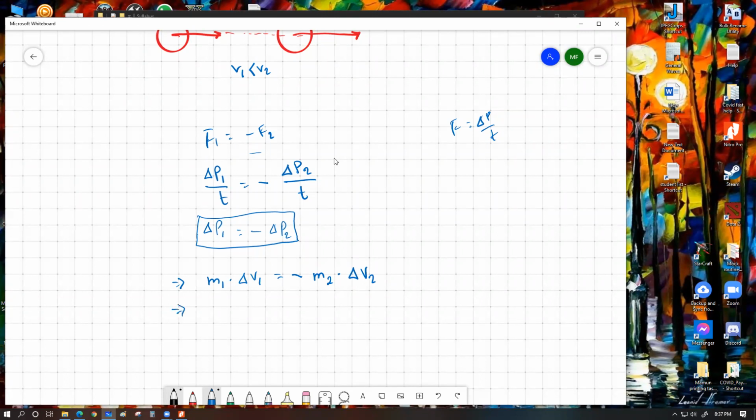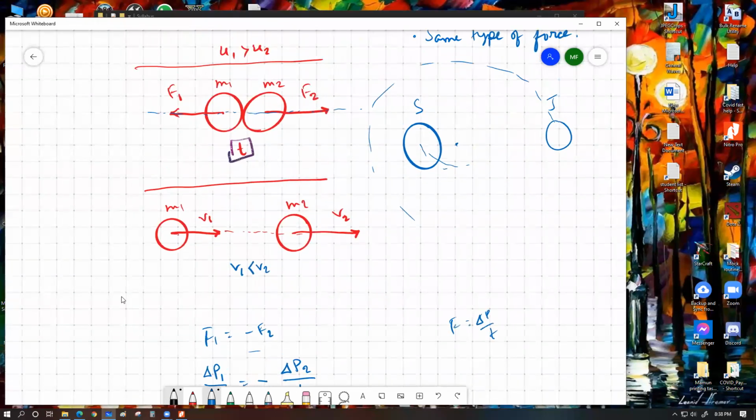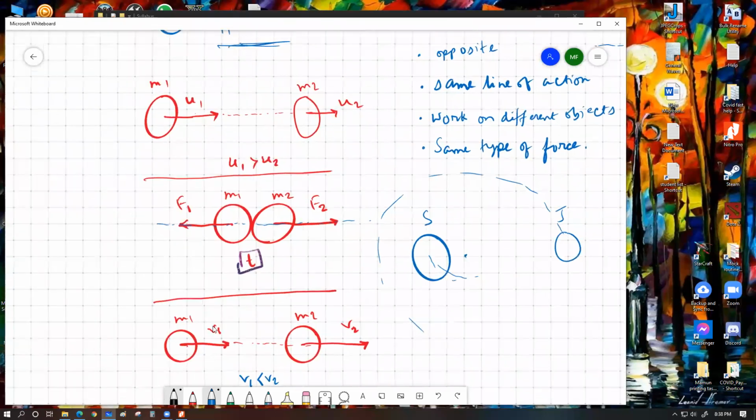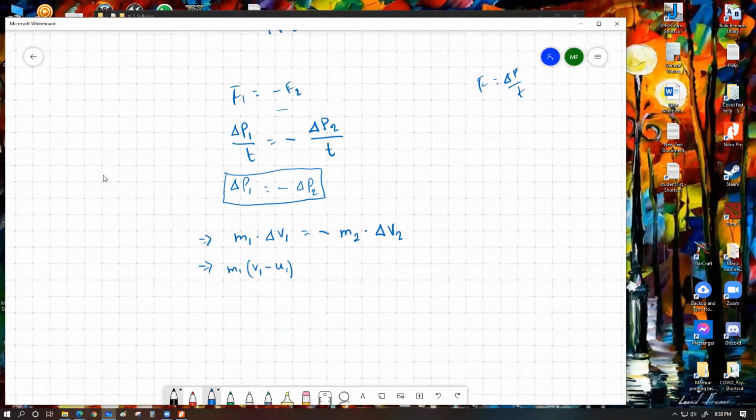So how can I rewrite this? Mass 1 multiplied by V1 minus U1. That's the change of velocity for the first object. Have a look at the figure. The initial velocity was U1, the final velocity was V1. So the change of velocity of the first object is V1 minus U1. And the same thing can be written over here for object 2, minus M2 multiplied by V2 minus U2.